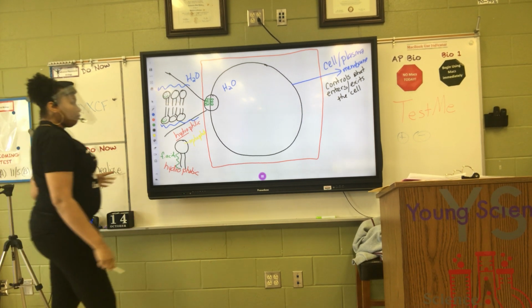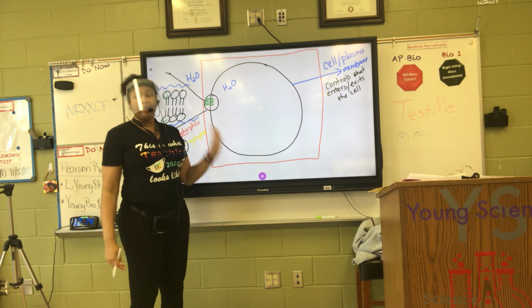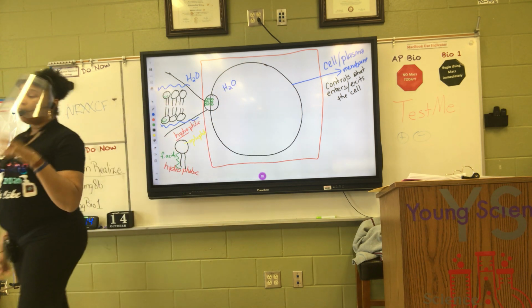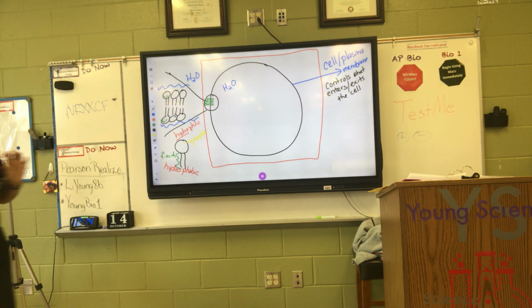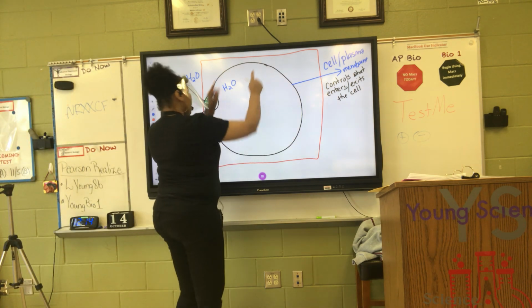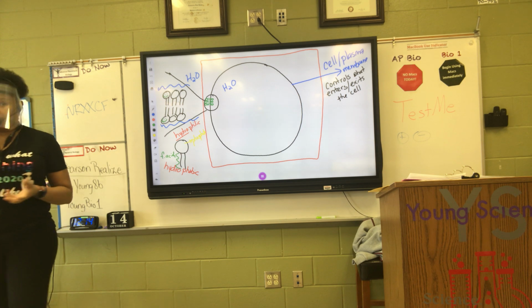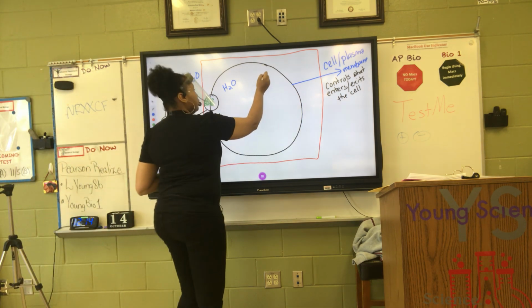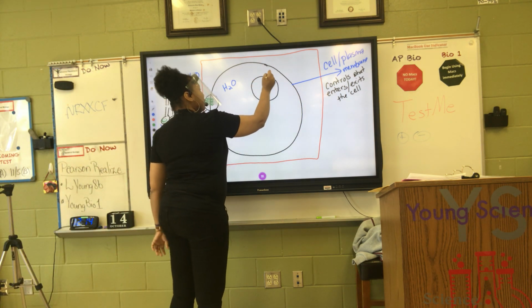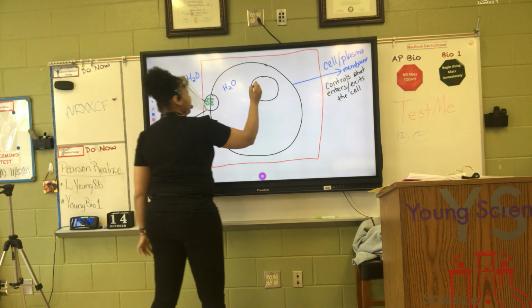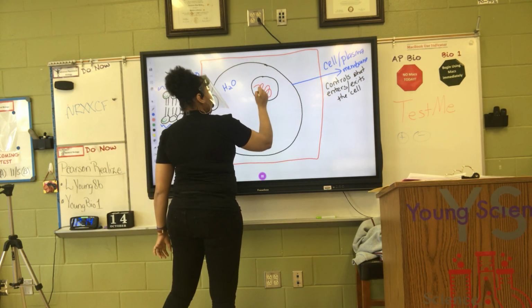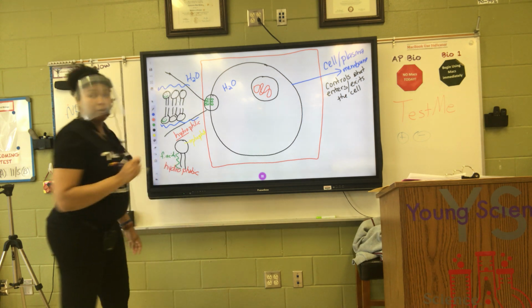Now, eukaryotic cells have multiple membrane systems. So this is like the external membrane, but a eukaryotic cell also has a system of internal membranes. The one that is most noticeable is the membrane that protects the DNA. Okay? So this is also a membrane.